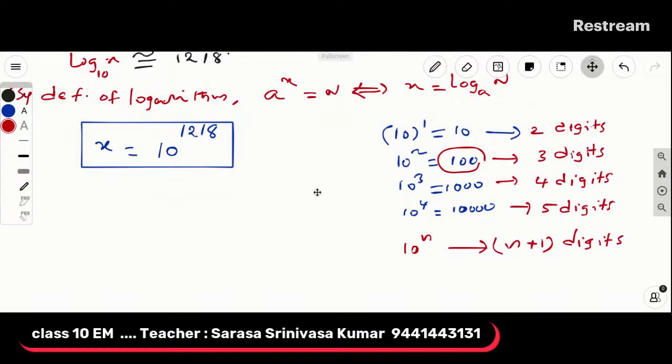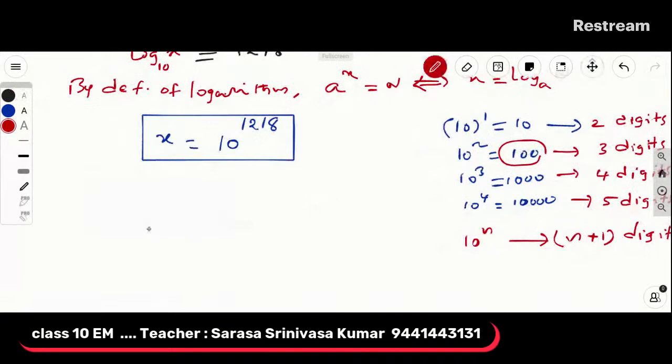So, using this formula, 10 to the power of n has n plus 1 digits.